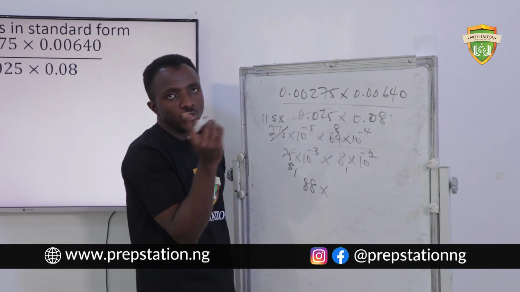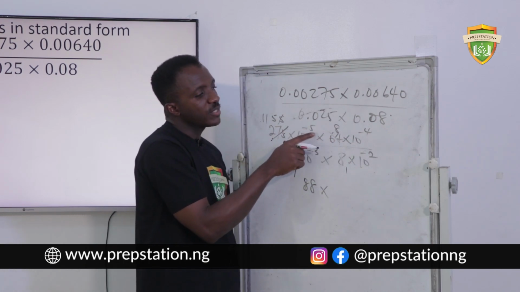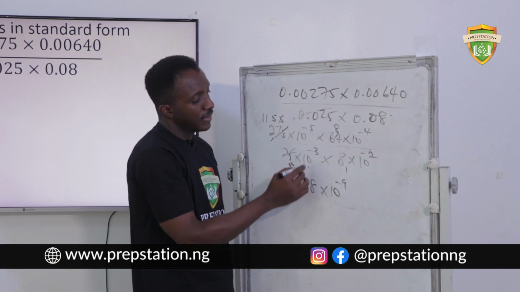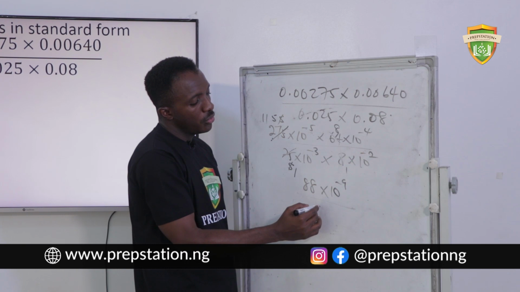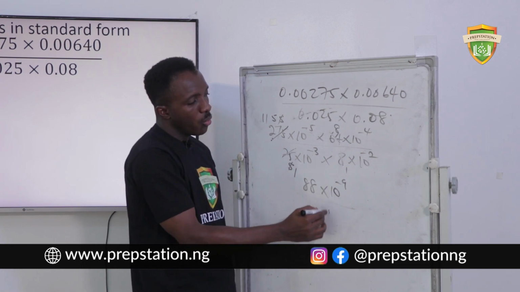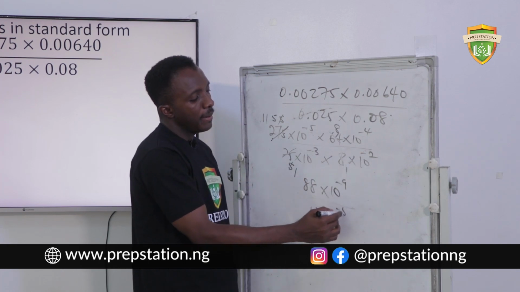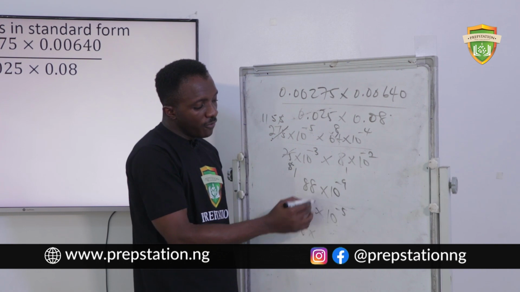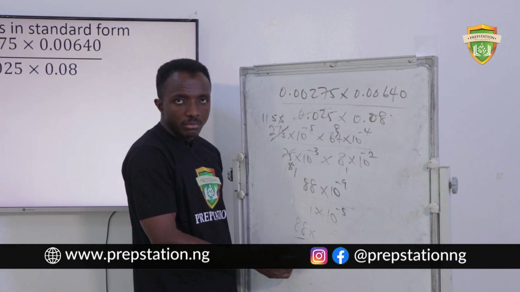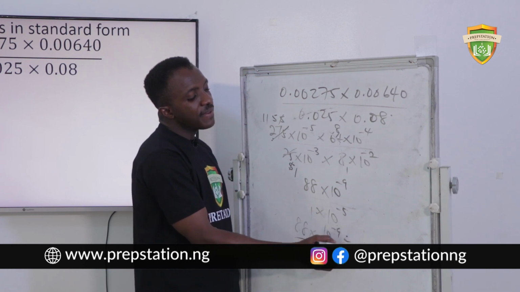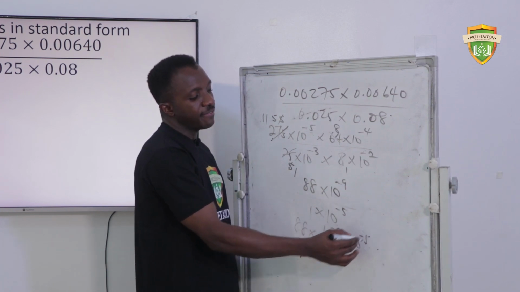I taught you that in indices. Minus 4 minus 5 is minus 9. Minus 3 minus 2 is minus 5. So this is 88 times, don't forget, let's deal with the like terms. 10 raised to the power minus 9 divided by 10 raised to the power minus 5.